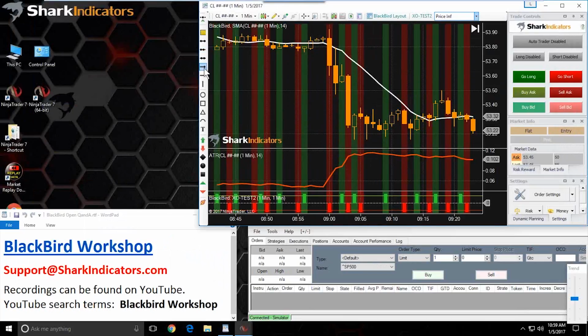So let's say we get into a short trade here, and then eventually price breaks above or crosses above our SMA 14 here. Then you could use that as your trigger event.